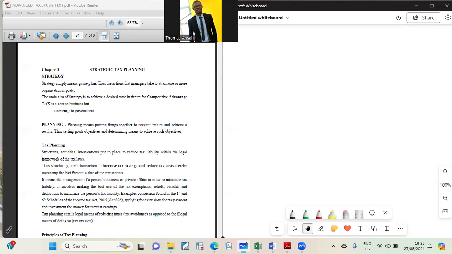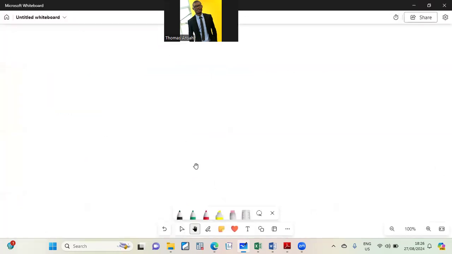Now, as you can see, we start by talking about the concept. It's called strategic tax planning. So we are looking at tax planning. All right.